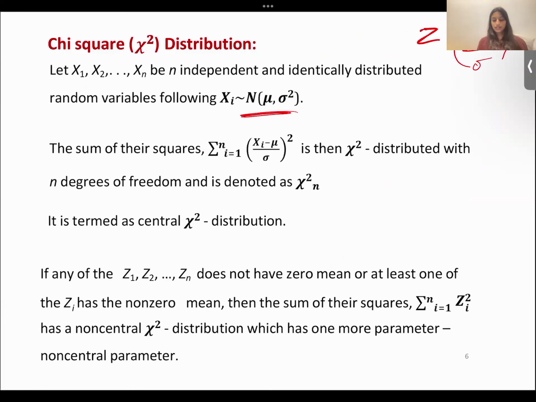That gave you z. You apply the same thing here. When you have random variables x, y, z, whatever, you compute x minus mu by sigma and take a sum of their squares. This value would also follow a chi-square distribution with n degrees of freedom, again denoted by chi-square n. So it could follow any normal distribution.